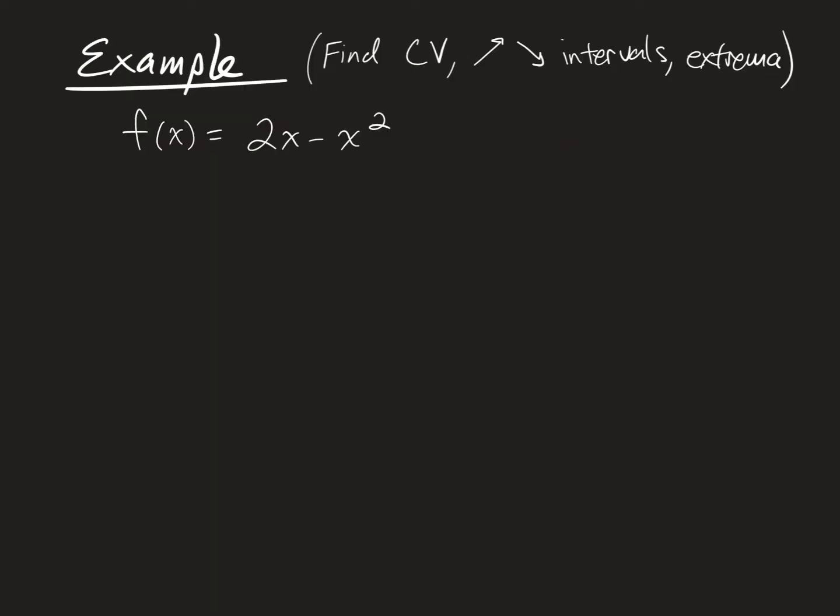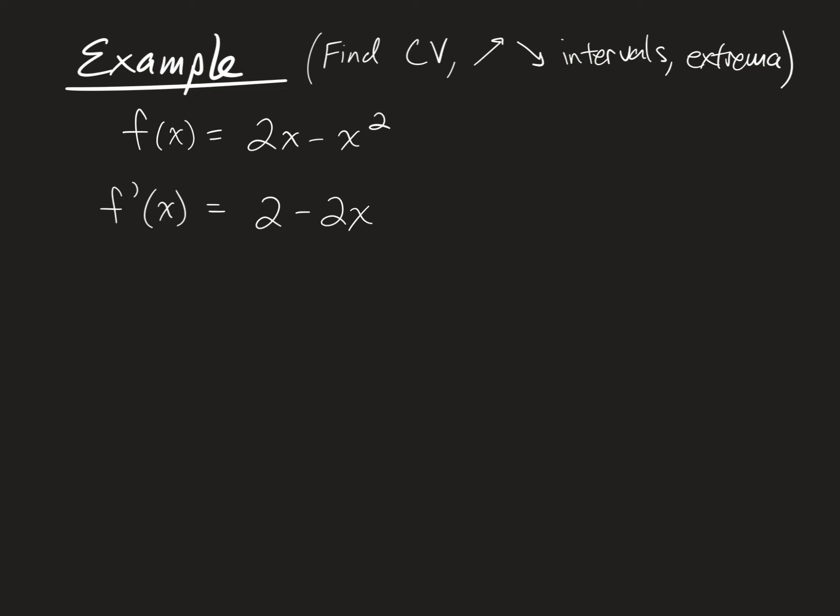But the fun part about the first derivative test is that we have to do this without a graph. We're doing it all algebraically. And how that looks is we're going to have to find the critical values. So we can take the derivative of this, f prime of x, equaling 2 minus 2x. And we're finding the critical values because that's where a function has extrema, either a maximum or a minimum.